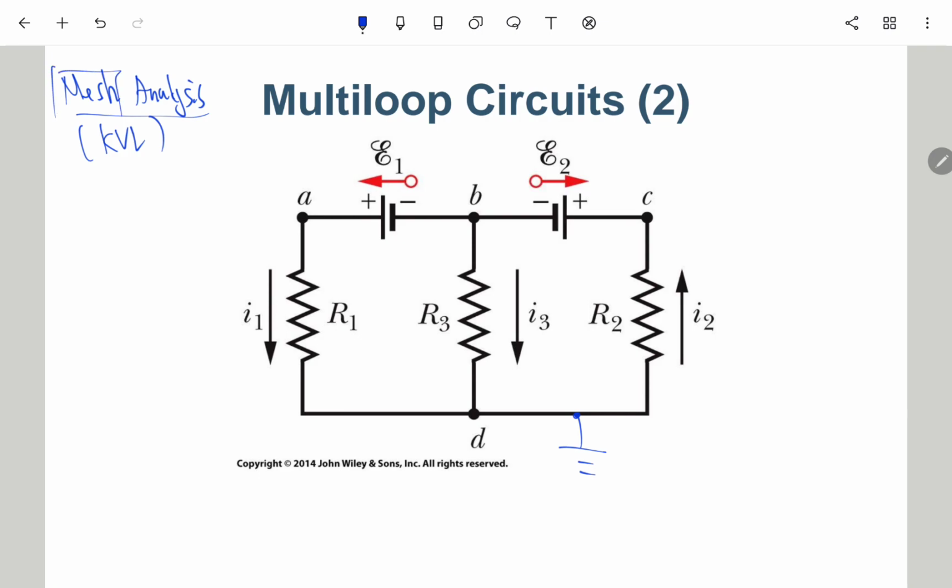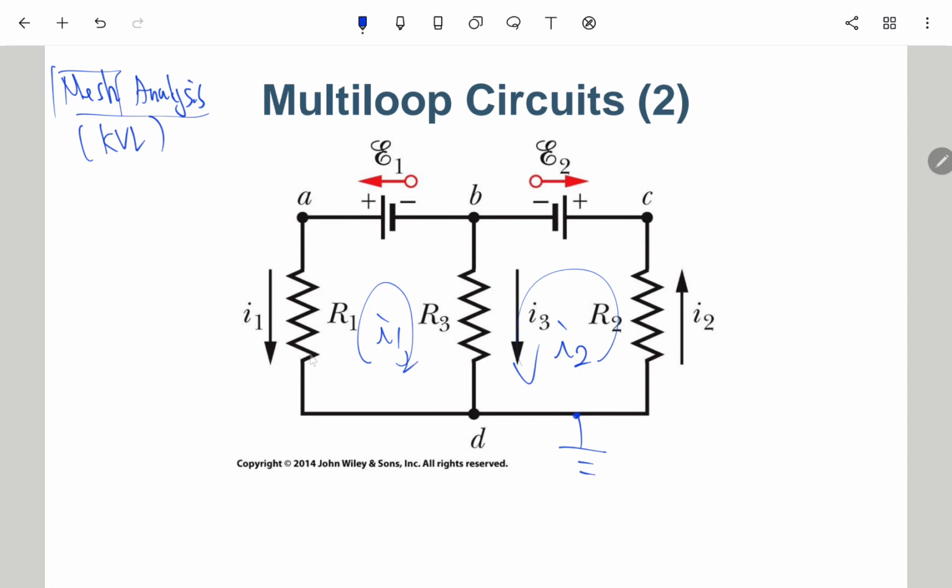Here we have two loops, so we can define this as mesh 1, and let's say this is mesh 2, with current I2. Here you can see this is I2, and this is I1.